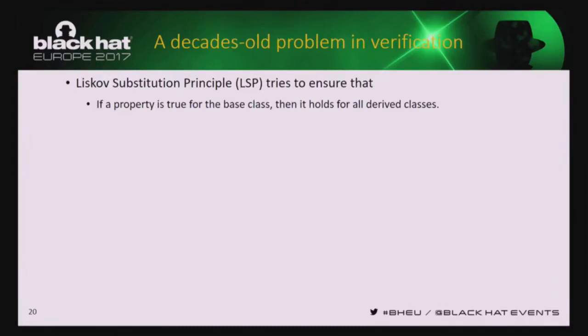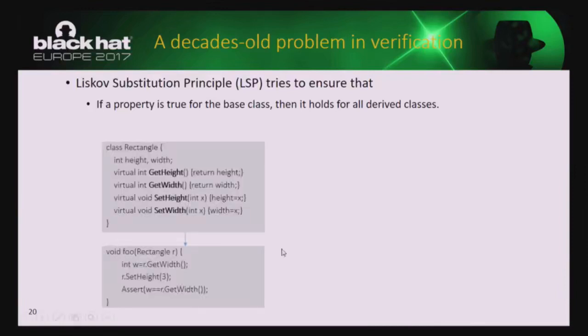You just define the property and then you derive all the classes that conform to the property. That would be beautiful. But people soon realized that even some very realistic scenarios have to violate LSP. So this is the most canonical counterexample of LSP.